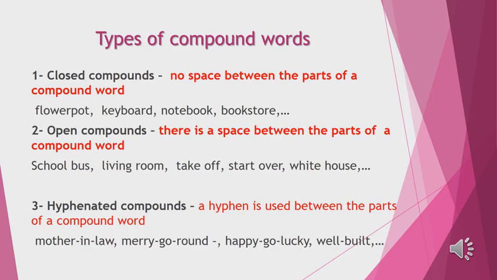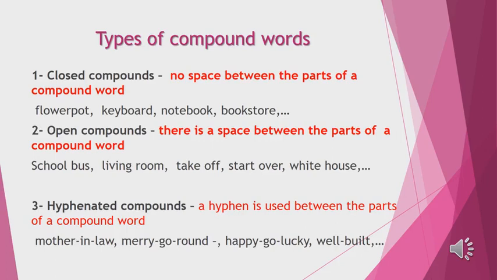The second type of compound words is called open compounds. With open compounds, there is a space between the parts of a compound word. So we have a space between the two parts or the three parts of the compound word. Let's take examples. School bus. Notice that school bus is a compound word and it is an open compound because there is a space between school and bus.